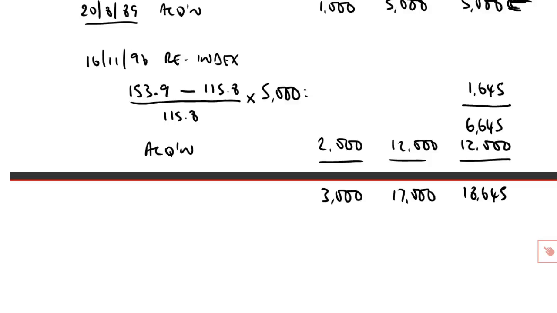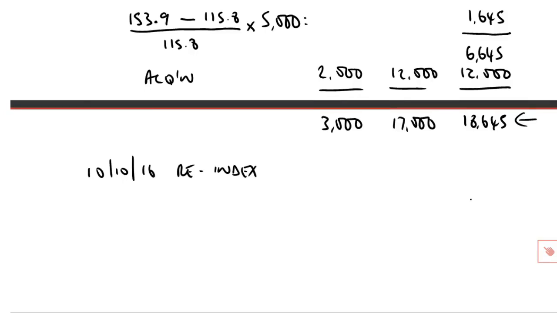So for us now, the next relevant date is the disposal date of the 10th of October 2016, where again at this date, the first thing that we do is to re-index. The figure that we're re-indexing is that index cost total at the last time of any re-indexation.